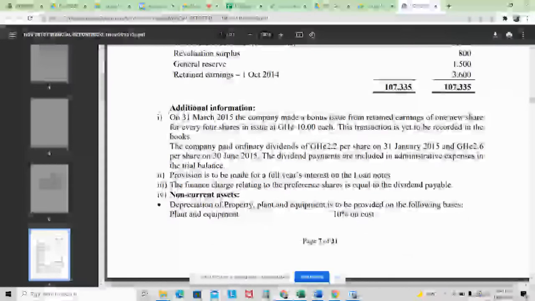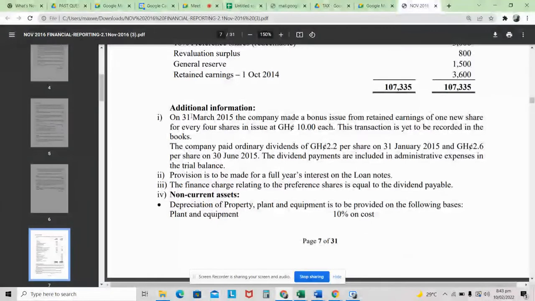Additional information: on 31st March 2015, the company made a bonus issue from retained earnings of one new share for every four shares in issue of 10 Ghana cedis each. This transaction is yet to be recorded in the books.